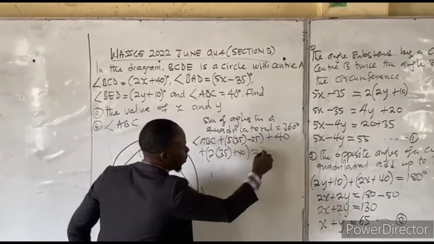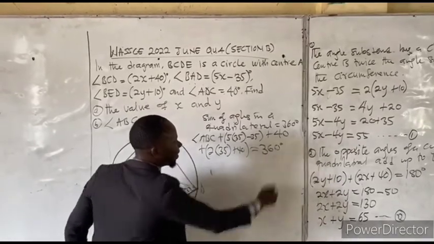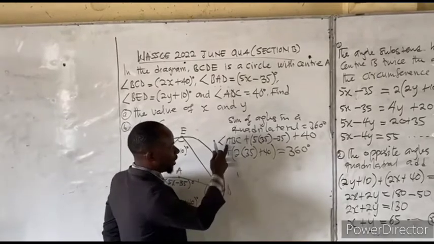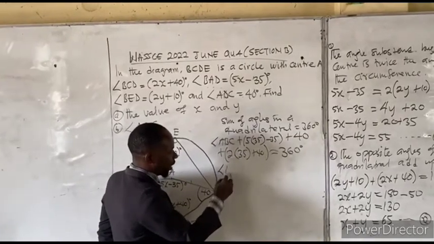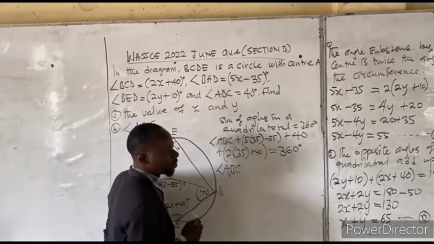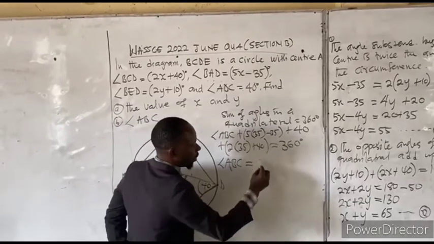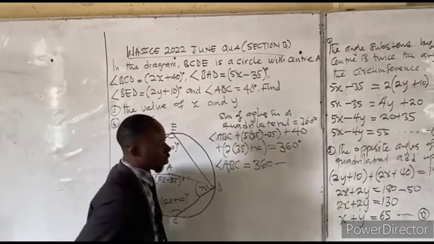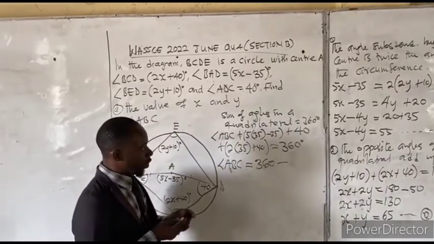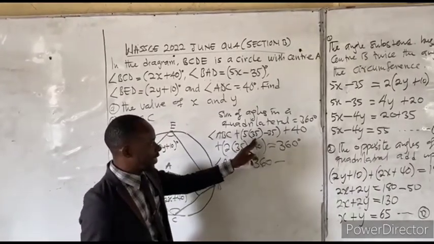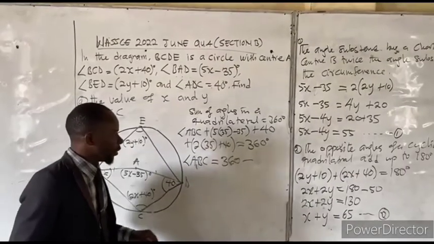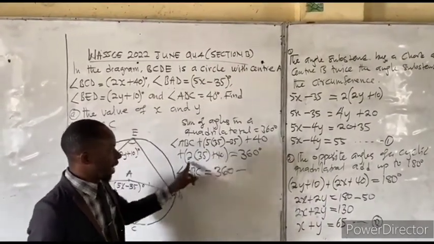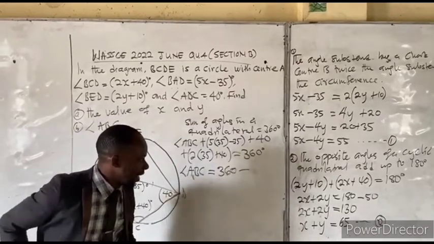All these must give you 360 degrees. So we are going to maintain our angle ABC equals 360 minus all this computation, which you know that if you multiply this by 5. So now we are going to compute all this and subtract it from what?